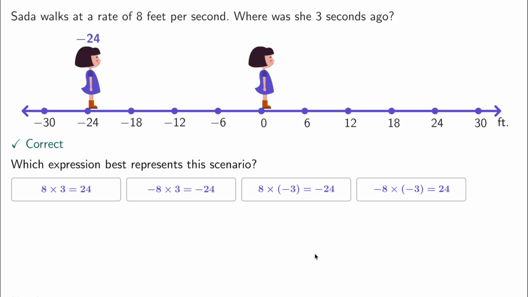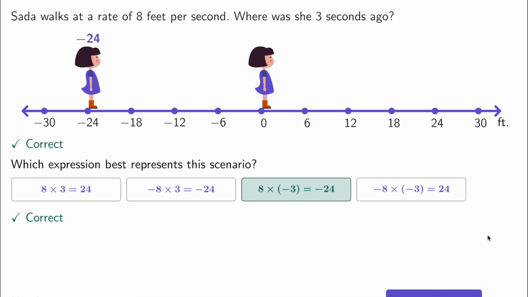Before means it is a negative number. So the best scenario would be 8 into minus 3, that is minus 24. If you understood this, let's see a few other examples. So this is why a positive number into a negative number gives you a negative number.